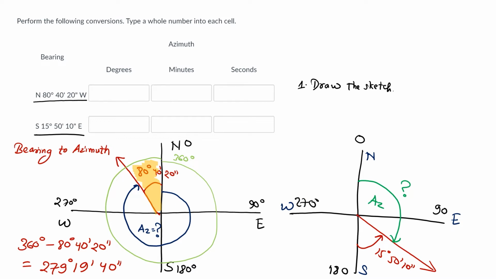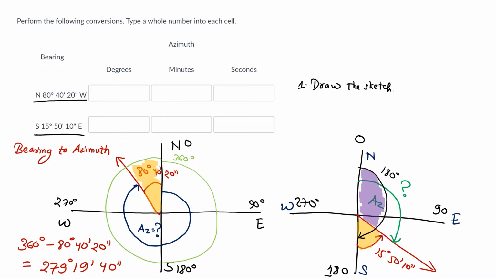Out of 180 degrees, this is 15 degrees, 50 minutes, 10 seconds, and this whole angle from here to here is 180 degrees. So what is this angle?